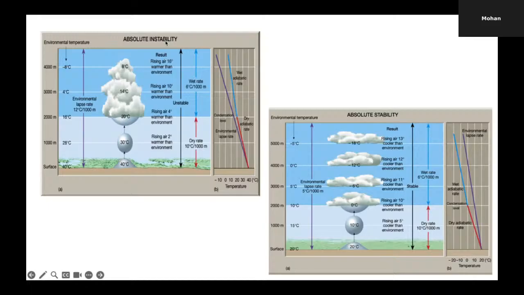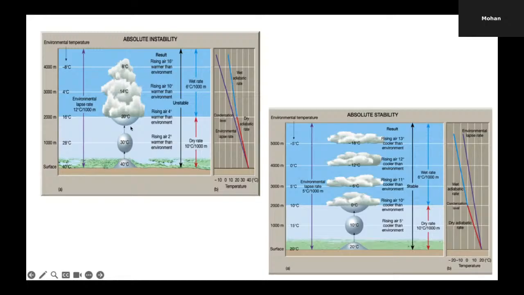Now forget about this figure and look at the lines on the right panel. There are three colored lines: purple, blue, and red. The red one is until 2 kilometers, and after that there is a blue one. The red layer is the below-cloud-base or sub-cloud layer, or boundary layer, whatever you call it. There is no moisture here, or moisture does not play any role.